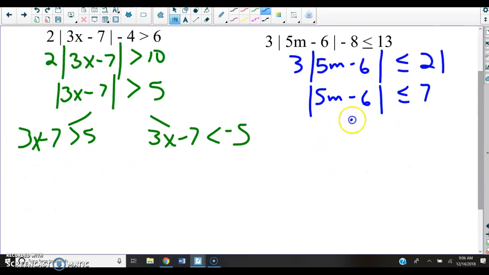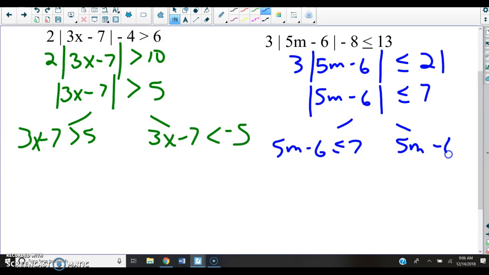And this one I'll actually finish out. So 5m minus 6 is less than or equal to 7. 5m minus 6 is greater than or equal to negative 7. So here I would add 6. Both of them I'll add 6. And divide out the 5.